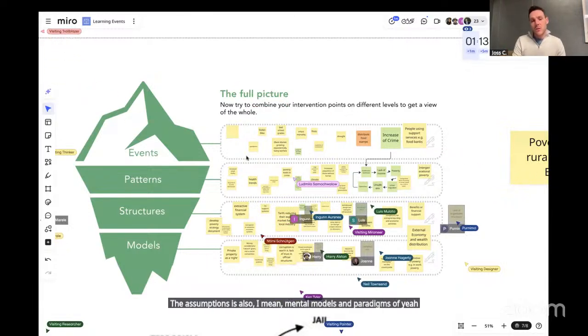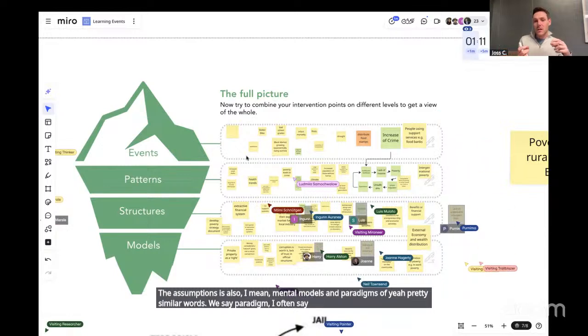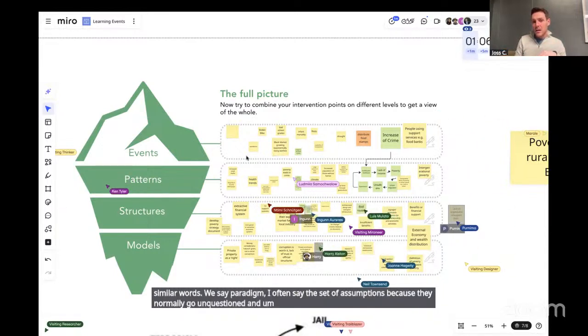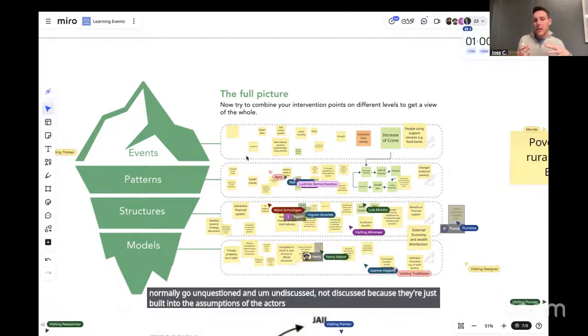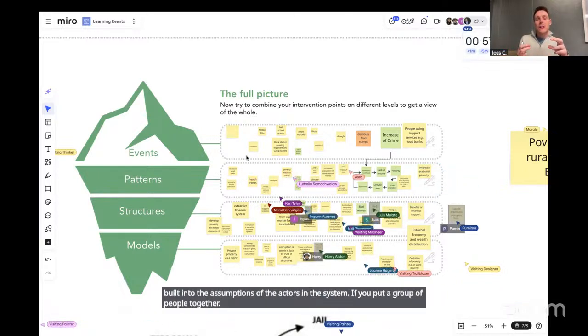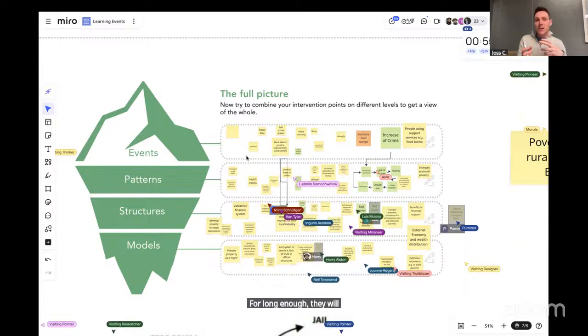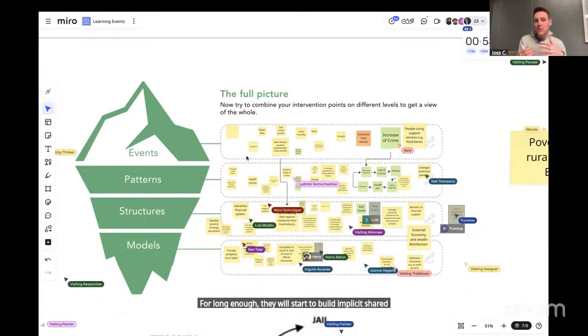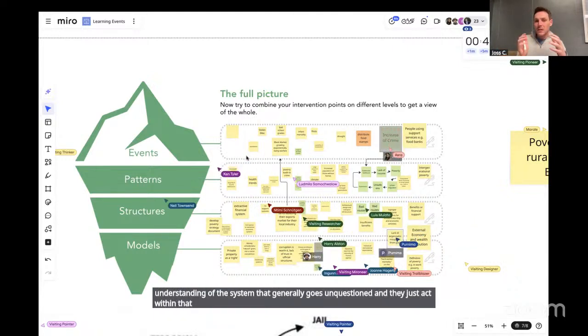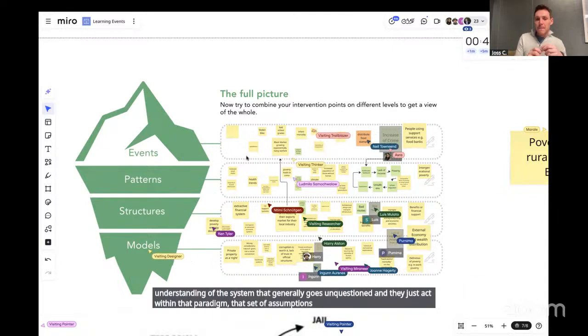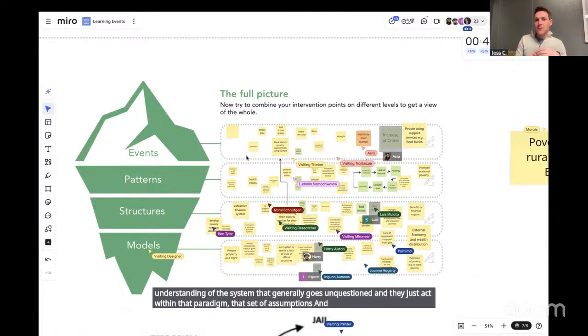When we say paradigm, I often say the set of assumptions, because they normally go unquestioned and undiscussed, because they're just built into the assumptions of the actors in the system. If you put a group of people together for long enough, they will start to build implicit shared meaning and understanding of the system that generally goes unquestioned, and they just act within that paradigm, that set of assumptions. And that is the mental models.